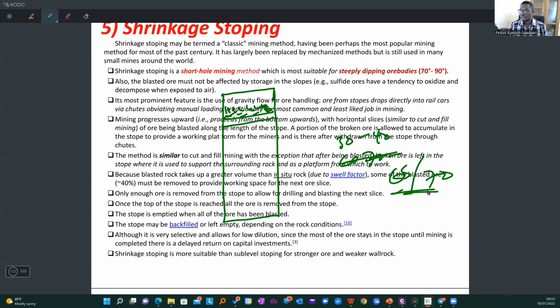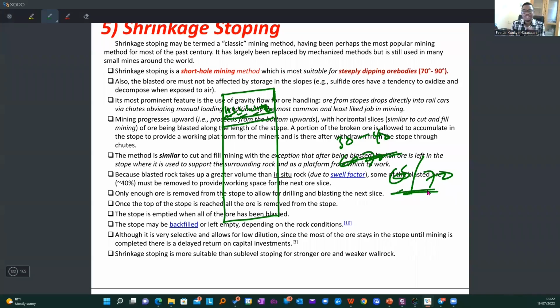Usually, if you are dealing with this type of stopping, you need to be sure that the material you are dealing with is not a reactive material. That is, the ore doesn't react with oxygen or other substances to create some poisonous gases that will harm you. If it is like that, shrinkage stopping is not an ideal situation, because you are going to stand on top of the blasted muck to do your activities.